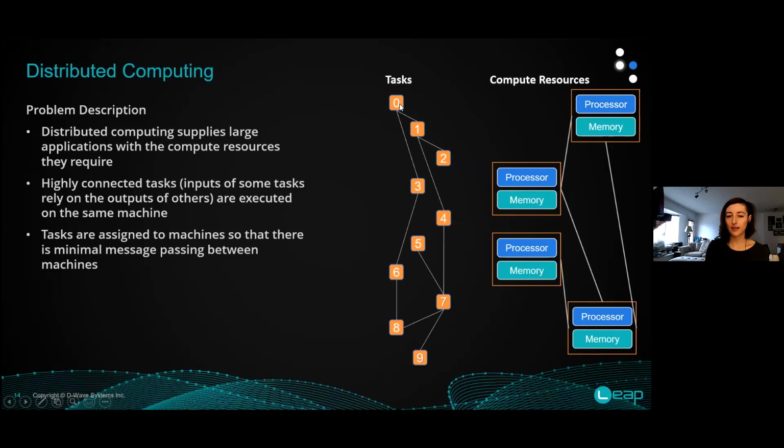So we don't necessarily want to assign task 0 to one compute resource and task 1 to a different compute resource, because now the compute resources need to pass a message back and forth before task 1 can execute. So overall, when breaking up these tasks and assigning them, we want to try to minimize the number of messages that are passed in between compute resources, as it's a lot quicker to keep inputs and outputs in memory and process tasks that are related within a single compute resource.